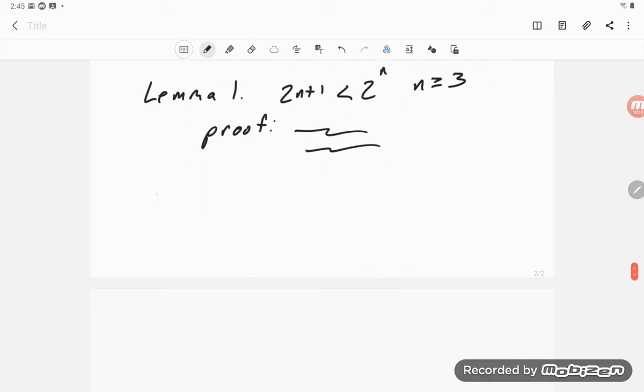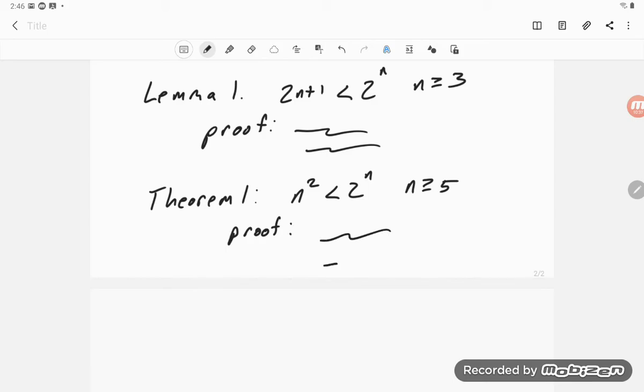And then I would go to my theorem 1 and do the n squared is strictly less than 2 to the n for n greater than or equal to 5. And in my proof, right, I'd have my lines, and then this line, whatever, that line I needed by lemma 1, and then finish it out, and there would be my proof.